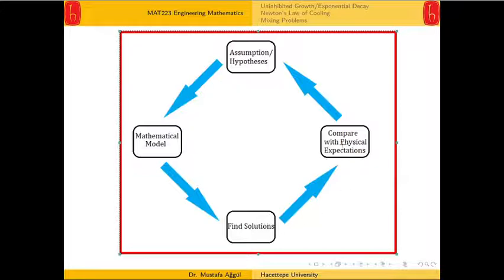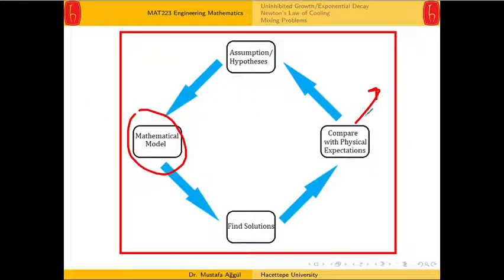Once we have solutions, we compare them with physical expectations, and if the solutions meet our expectations, then we say, okay, this is a good model, and we break the cycle and say we can use this model.